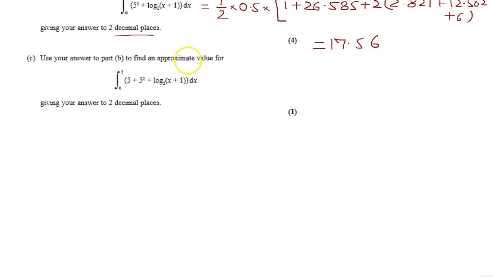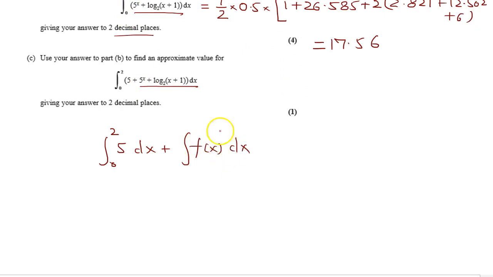Now use your answer of part B to find the approximate value of this integral. So from 0 to 2, we have 5 dx plus, and this value is the same, so we can write f(x) dx from 0 to 2. The integral of 5 is 5x, from 0 to 2, plus this value that is already there, 17.56.